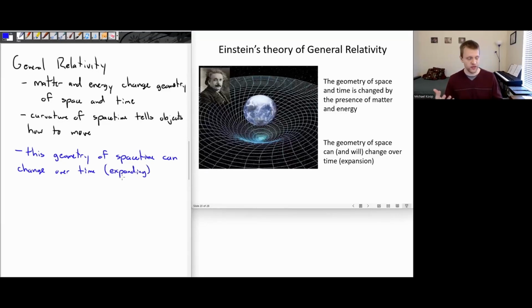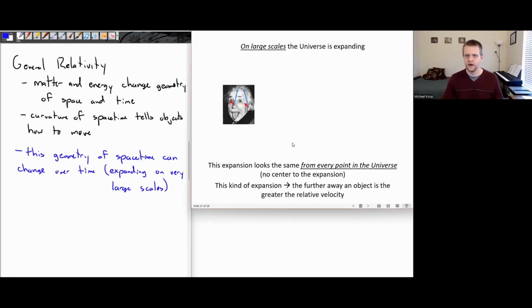It can change in other ways too, but right now our universe seems to be expanding on very, very large scales. So again, on large scales, the universe is expanding.